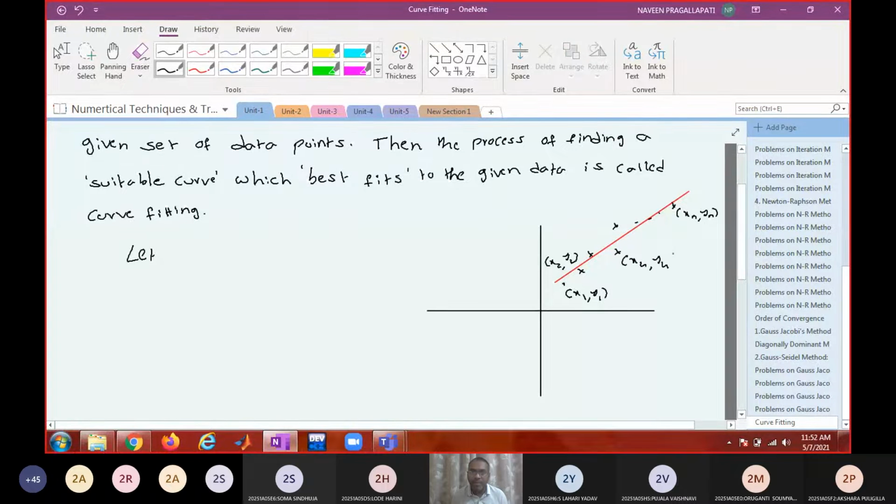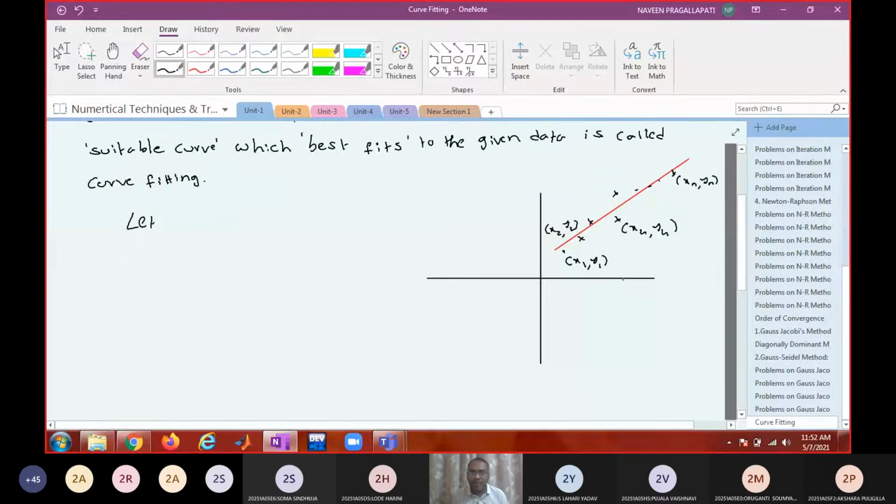This is x4, and this is the y equal to f of x graph, which is a straight line, something like a0 plus a1x.